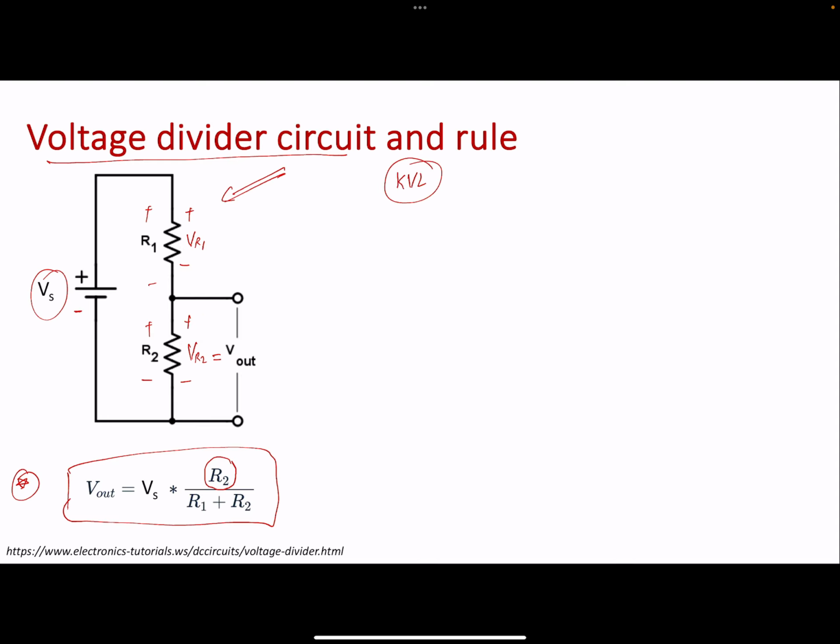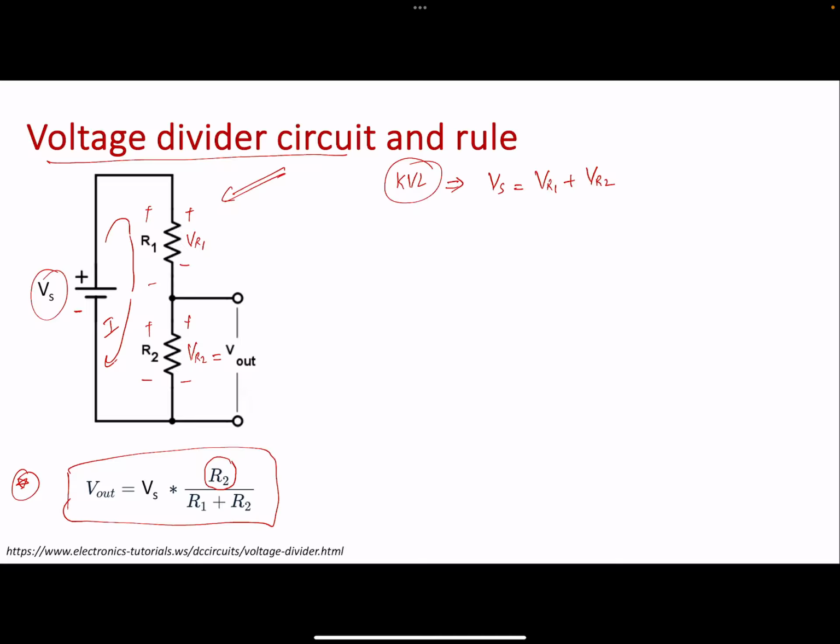Another application of Kirchhoff's voltage law. We are going to use Kirchhoff's voltage law and current law all the time, and Ohm's law. So just consider this to be another example, right? So we have this current that is flowing. According to Kirchhoff's voltage law, your supply voltage should be equal to VR1 plus VR2, right?